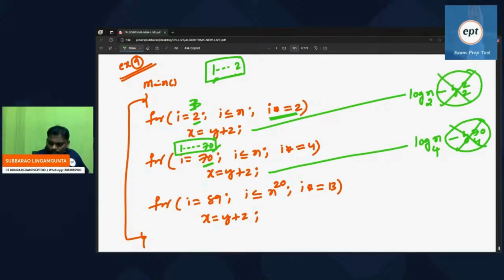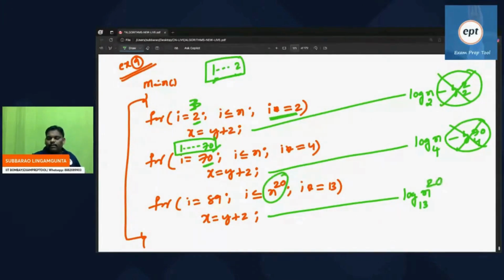Next one, can you come here? Always multiplying by 13, it is log n base 13. Listen, log n base 13 if n is there, but n power 20 is there, so keep n power 20. But remember, if you start from 1, that is the story.